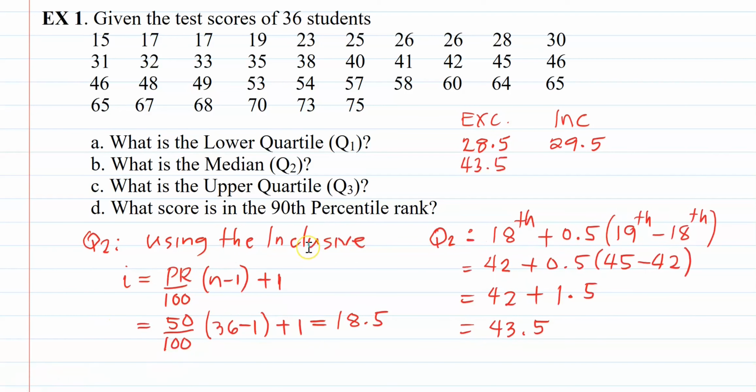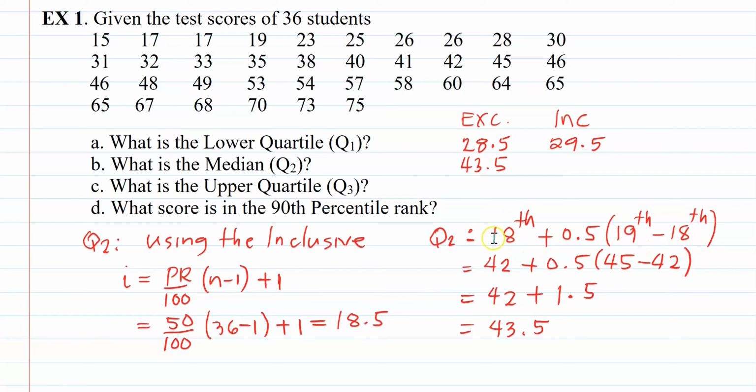Now using the inclusive method to solve for Q2, our position I, the formula is PR over 100 times n minus 1 plus 1. And the PR for the median is again 50. So 36 minus 1, which is 35. And 35 times 50 over 100. And then add 1, that will give us 18.5. To solve for the Q2, we use the 18th position plus 0.5 times the difference between the 19th and the 18th.